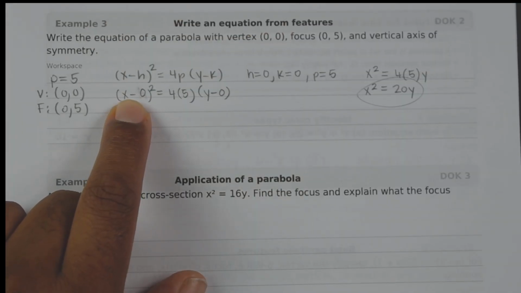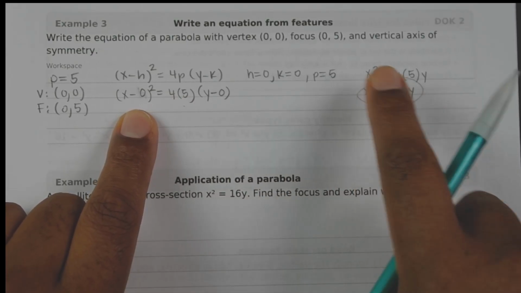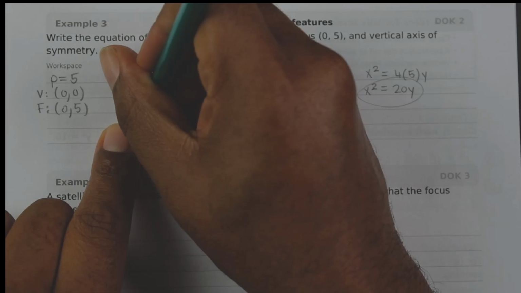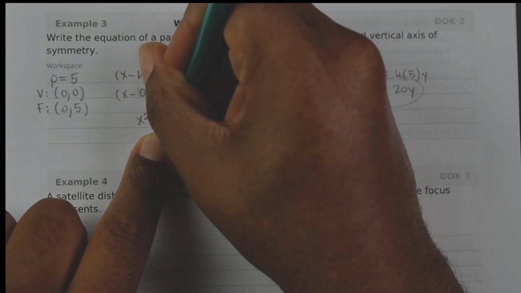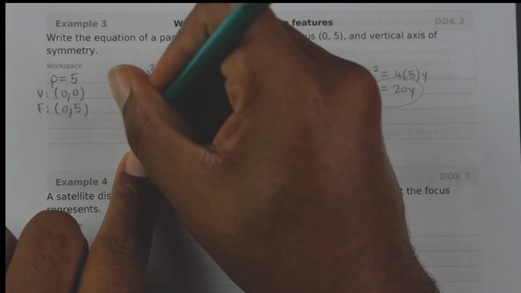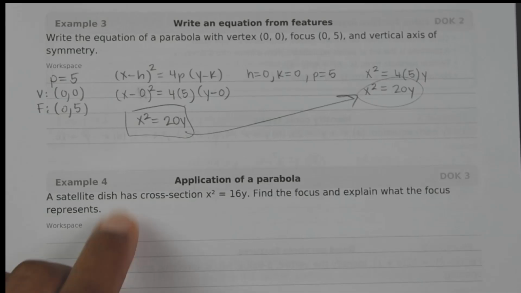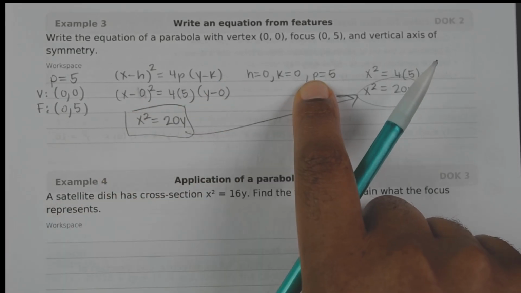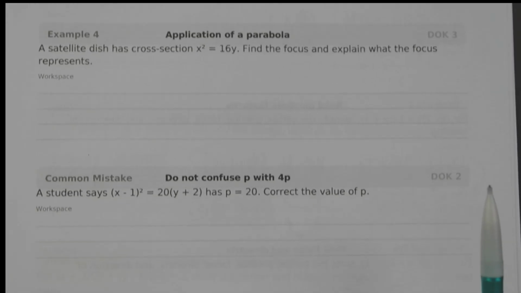So x minus 0 squared, and so what I did was I just moved rather quickly. So this would just give me x squared equals 20, and then this would just be y. Okay, so this is the final answer. I just move very fast. I skipped that part in case you didn't understand what I was doing and how I went straight to that. Okay, example number 4.